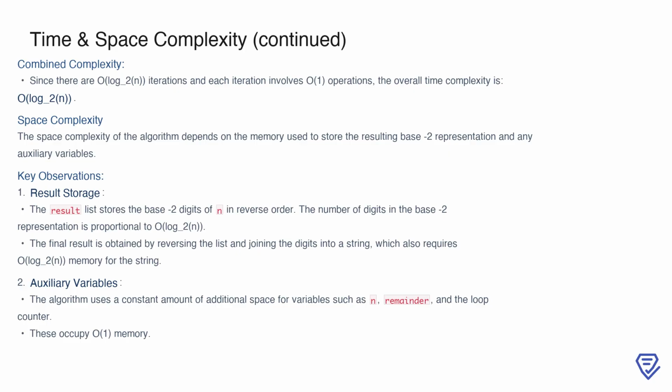When constructing the final output string by reversing and joining the list, additional memory of O(log_2 n) is needed for the string. For auxiliary variables like n, remainder, and the loop counter, the memory usage is constant, or O(1). Thus, the space complexity is dominated by the storage for the result list and the final string, making the overall space complexity O(log_2 n).